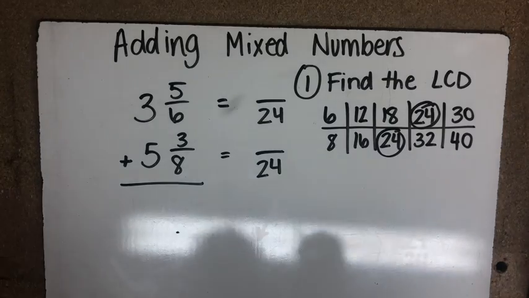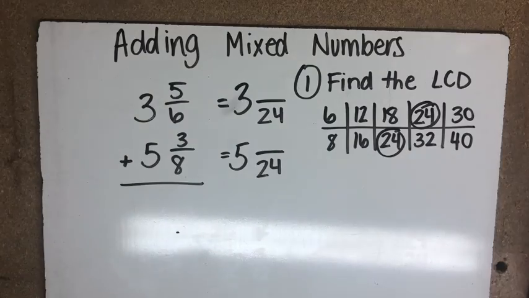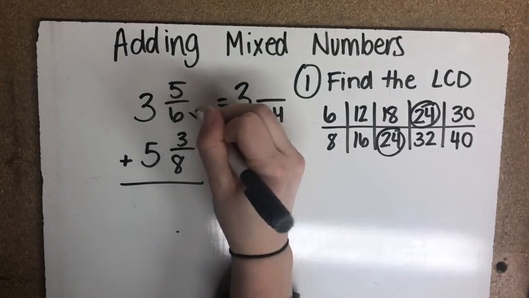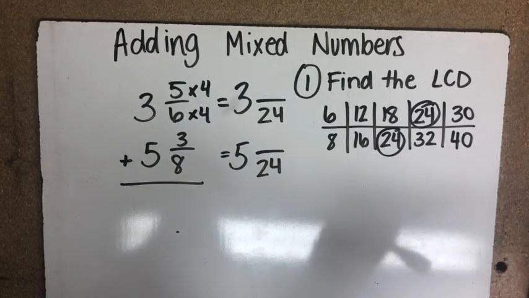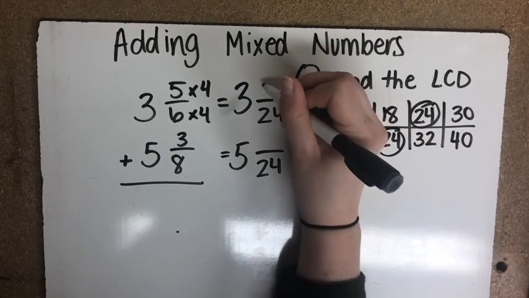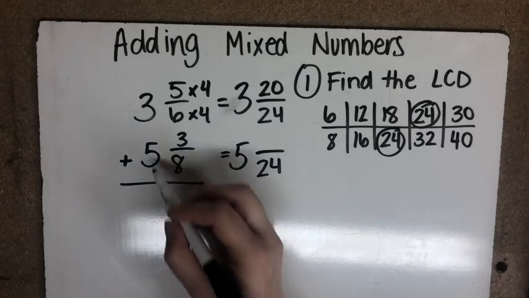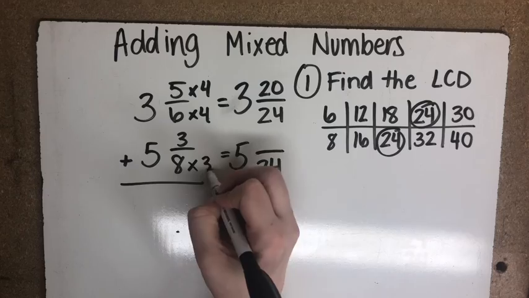So remember, your whole numbers stay the same. They don't change when you get to the renaming process, just your fraction changes. So to go from 6 to 24, I need to multiply by 4. So that means I need to do the same thing up top. So 3 5/6 will become 3 20/24. For 5 3/8, from 8 to 24, I need to multiply by 3.